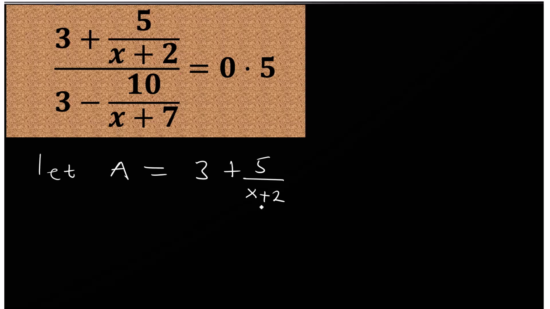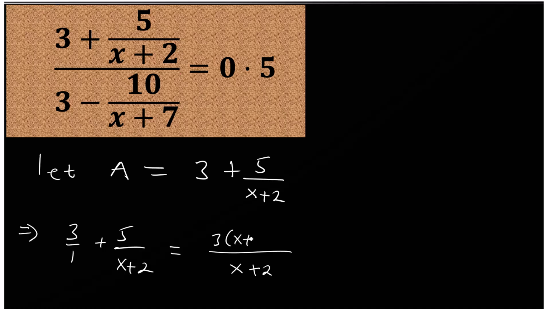Okay, so let's solve for that. From here, we have 3/1 + 5/(x+2). So the LCM will be x + 2. 1 into this is (x+2) times 3, plus x + 2 into this is 1 times 5, which is 5.